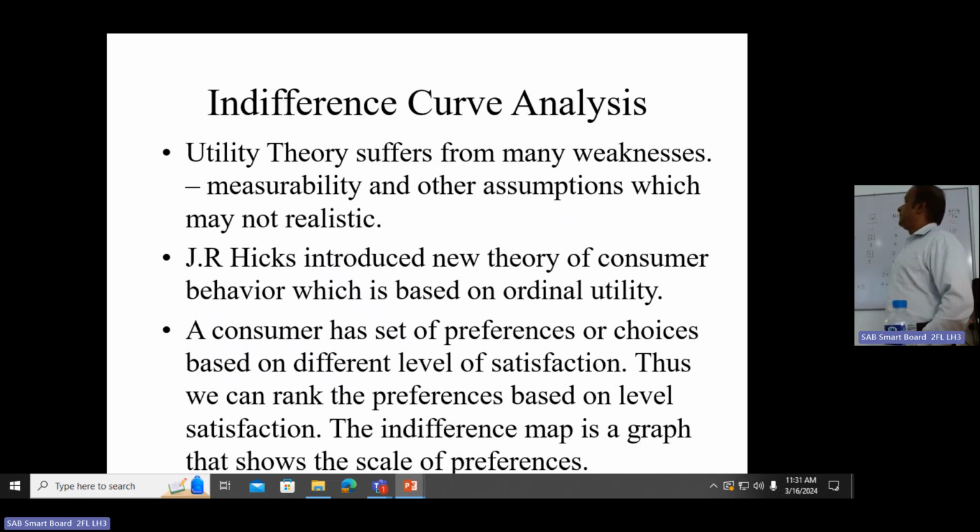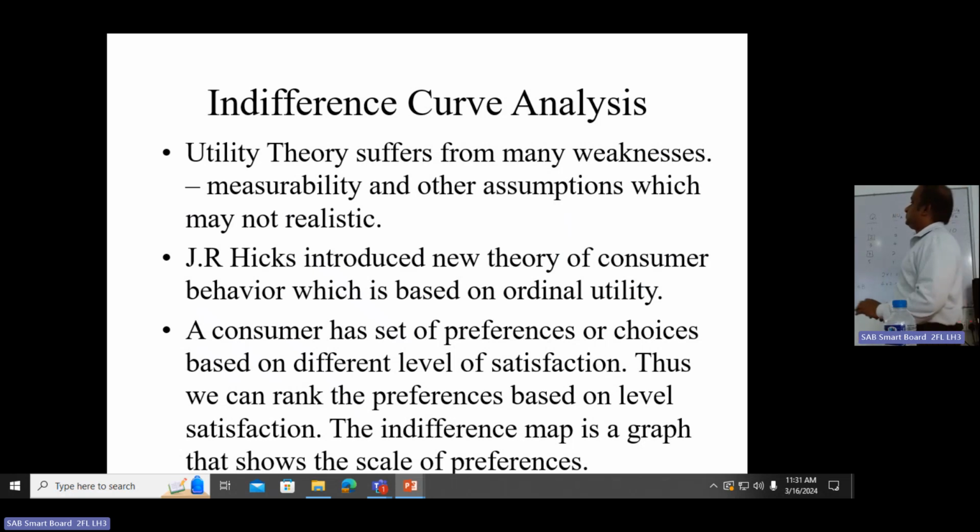So therefore, a more advanced approach is highlighted. As a result, J.R. Hicks introduced this ordinal utility approach, and based on that, the indifference curve was developed. There we make the preference ranking, as we mentioned.